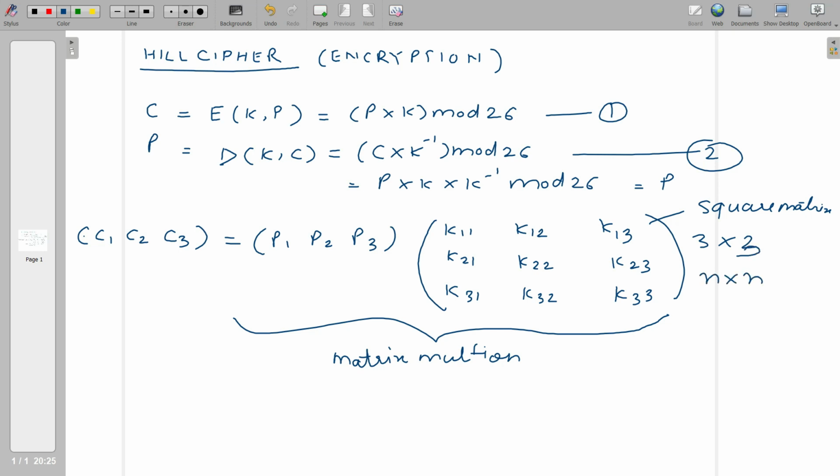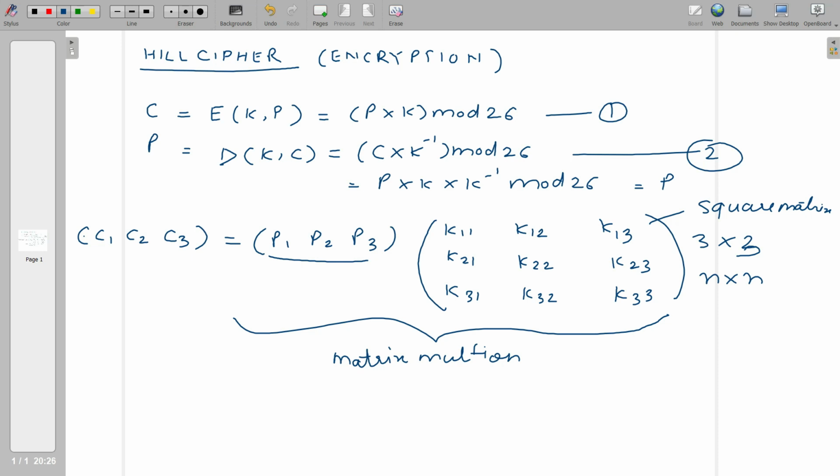It can be any size, but it should be n by n, always a square matrix. Because this key is a square matrix of size 3 by 3, we take 3 letters of plain text. If the key is 2 by 2, then we take 2 letters of plain text. If the key is 5 by 5, then we use 5 letters of plain text. This is one thing to be noticed.